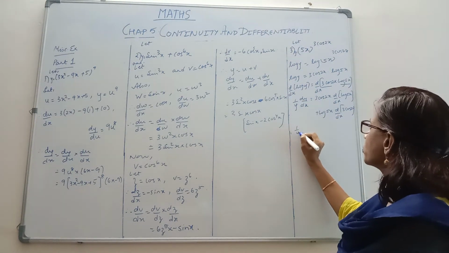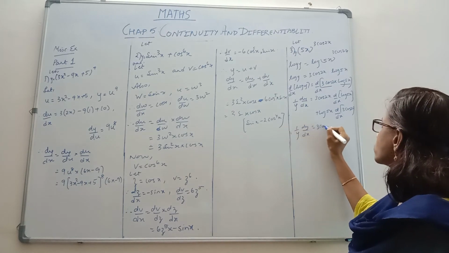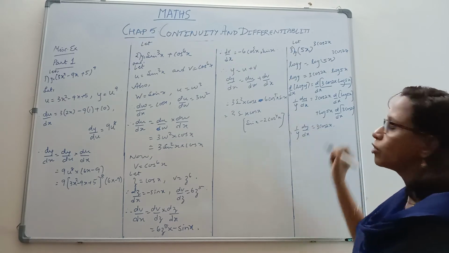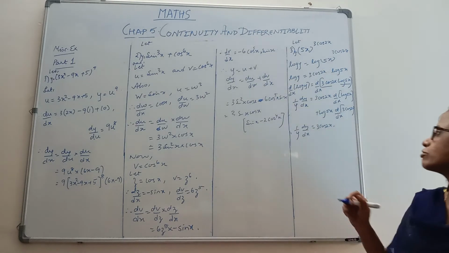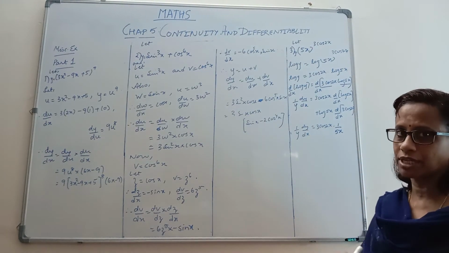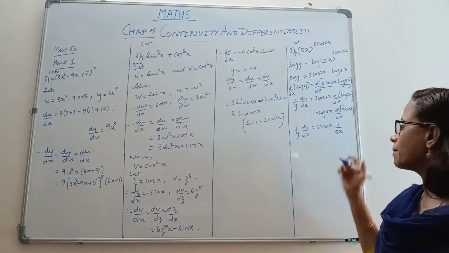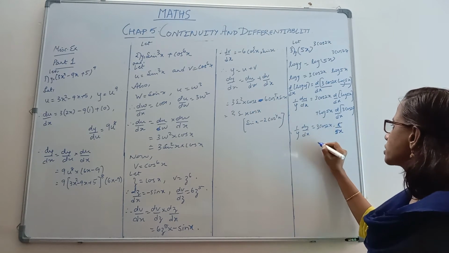Here 3 cos 2x. The derivative of log 5x is going to be 1 by 5x, and 5 in the numerator as a differential coefficient. For log you know the derivative is 1 by 5x. But because that 5 is accompanying it as a differential coefficient, net effect it will be just 1 by x.